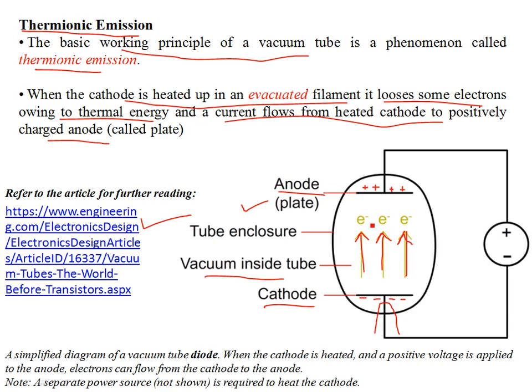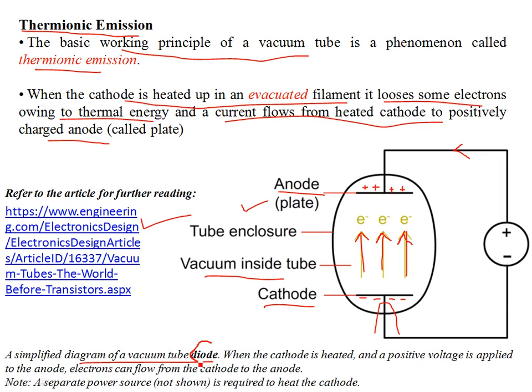But if you recall from your brief past experience of electrical engineering, the conventional current is always from anode to cathode. The electrons are physically flowing from cathode to anode, but the convention is the opposite. So this is the simplified diagram of a vacuum tube diode.